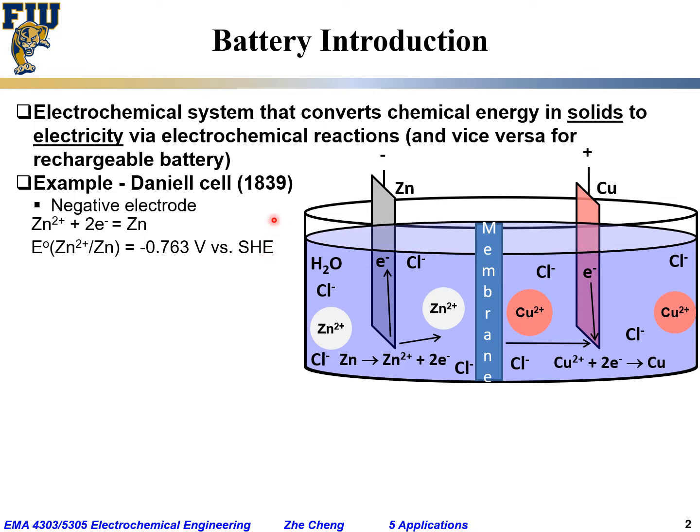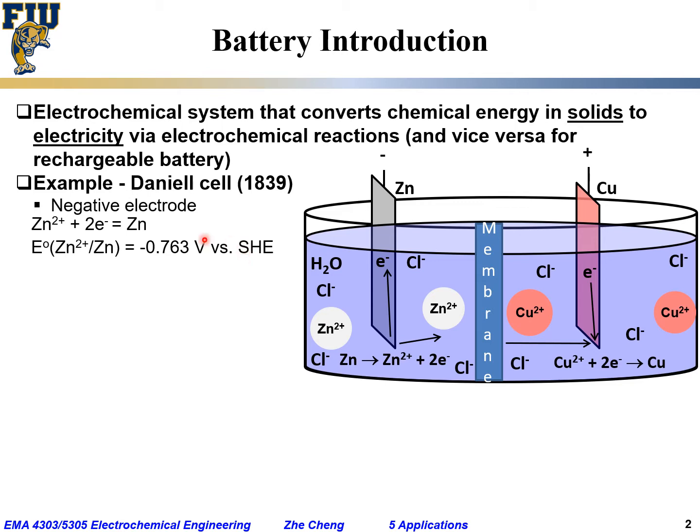Because for the standard electrode potential series, we always compare to the common reference point, which is the standard hydrogen electrode. If you still remember, that is passing hydrogen gas onto a platinum electrode, an inert electrode surface, in an aqueous solution that contains protons at standard activity.